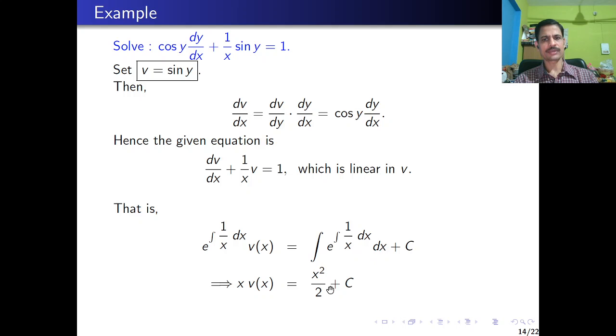On integrating x we get x square by 2 plus c. So here we substitute the value of v(x), that is sin y, and divide this equation by x. We get sin y is equal to x by 2 plus c by x.